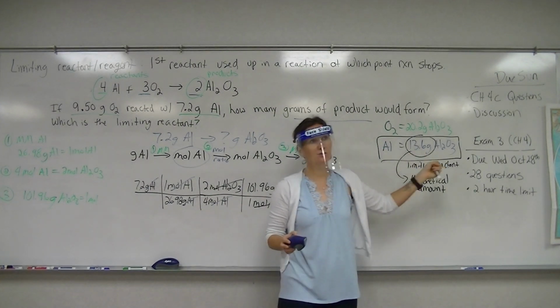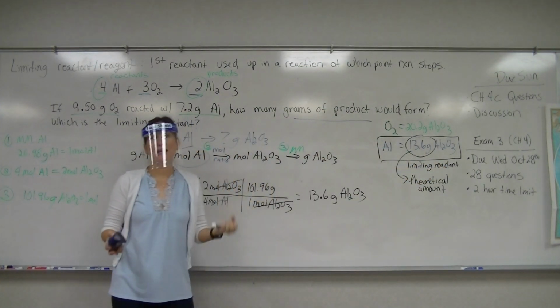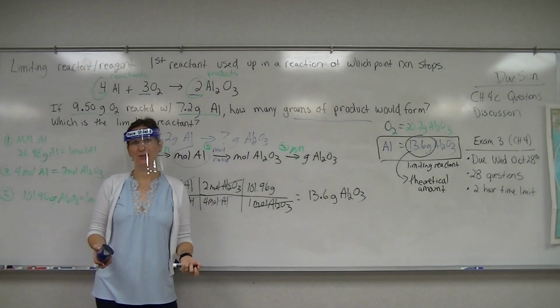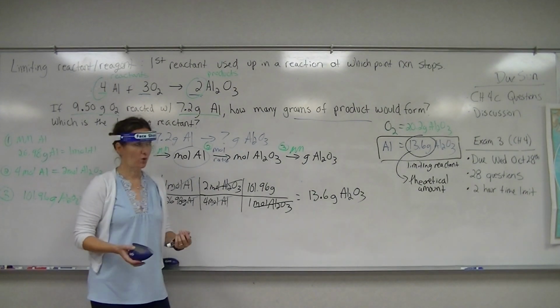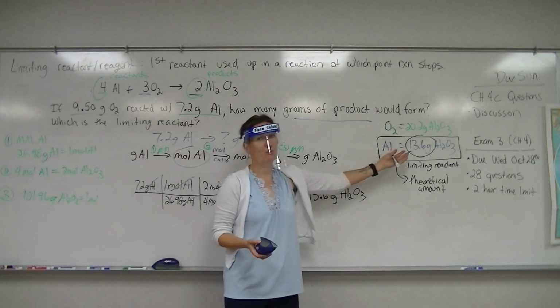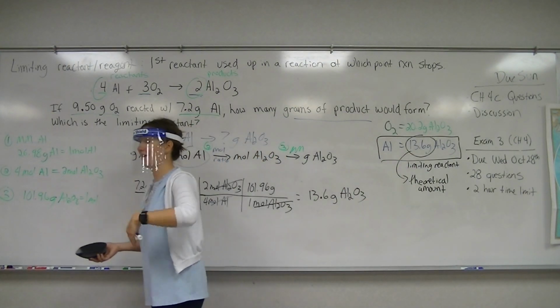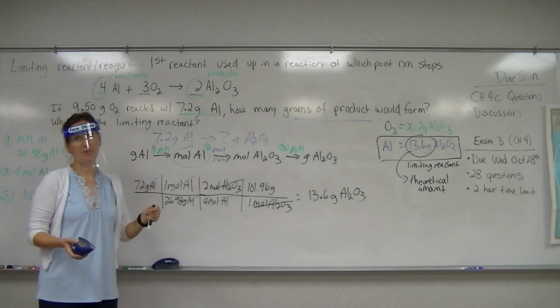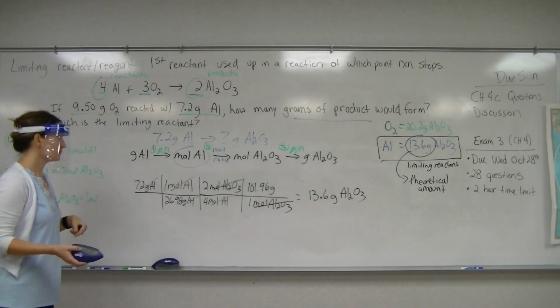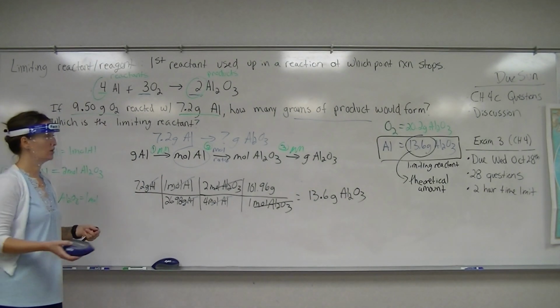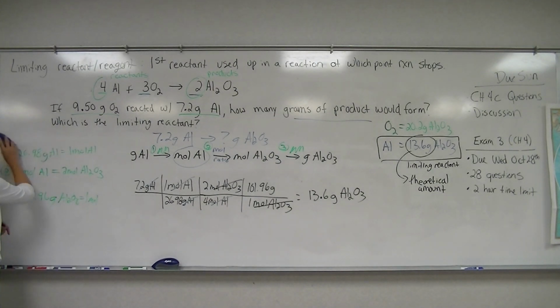Okay, but we know in the lab, we never get 100% yield. We never get 100% of what we're hoping to get because there is human error. We do spill a little bit here and there, or we don't get every last little drop out of every flask.